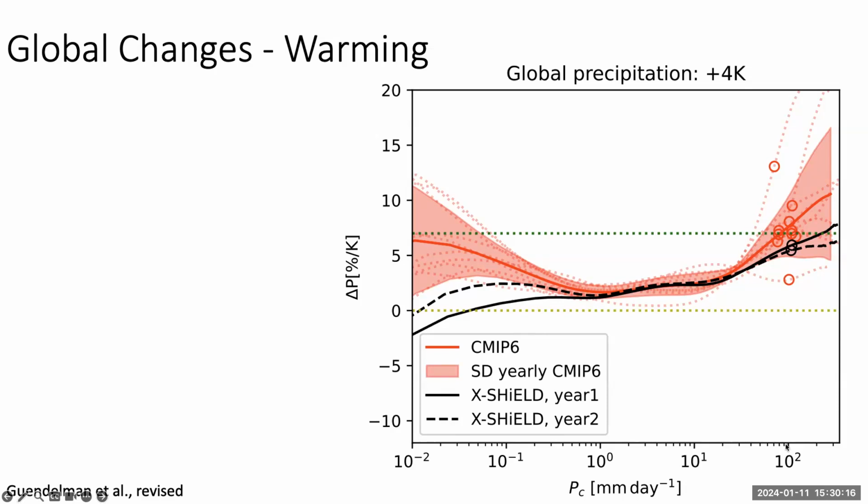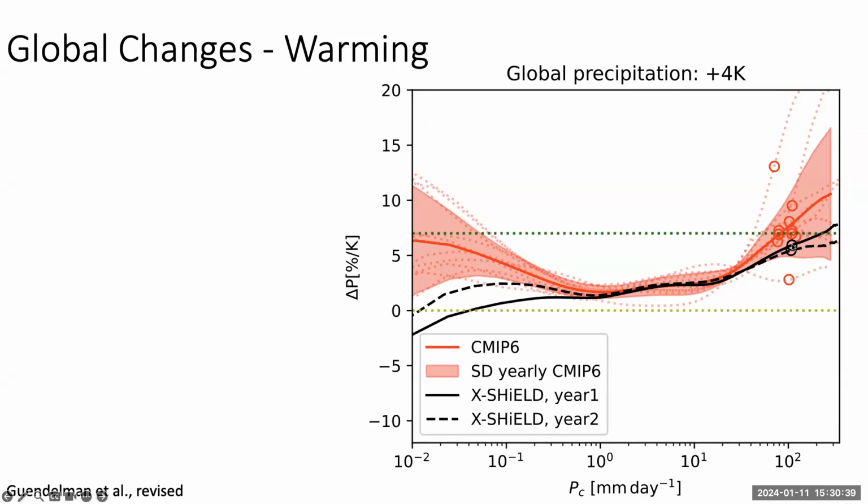So instead of talking about, for example, the 99th percentile response, which are the black circles, I'm talking about what happens to the precipitation response where in the control climate it was 100 millimeters per day.